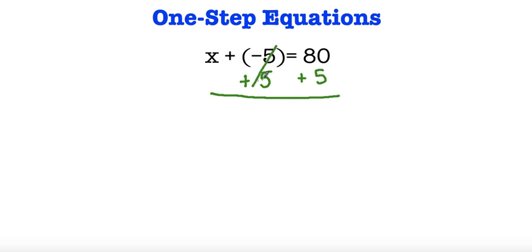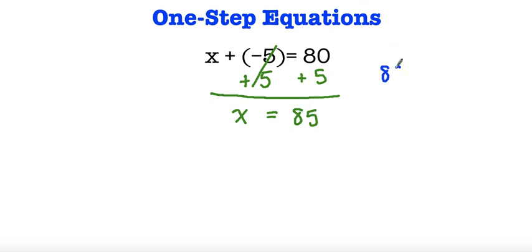So these two cancel out because they equal 0. On the left side, I'm only left with x equals 80 plus 5 is 85, so x equals 85. And now if we wanted to go back and check our work, we would have to substitute x with 85.